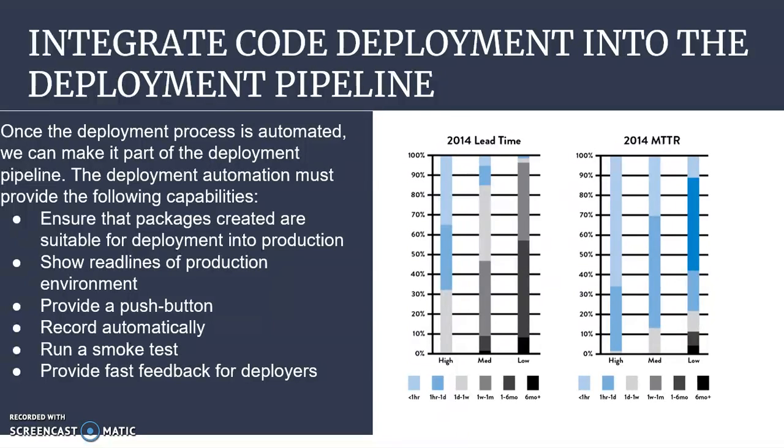Record automatically, for auditing and compliance purposes, which commands were run on which machine, when, who authorized it, and what the output was. Run a smoke test to ensure the system is operating correctly and the configuration settings, including items such as database connection strings, are correct. Provide fast feedback for the deployer so they can quickly determine whether their deployment was successful.